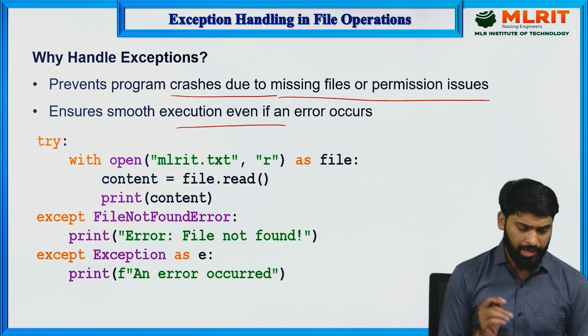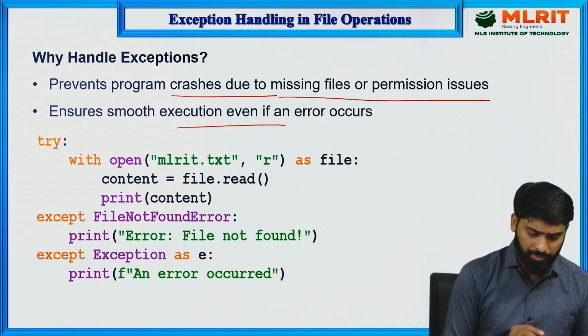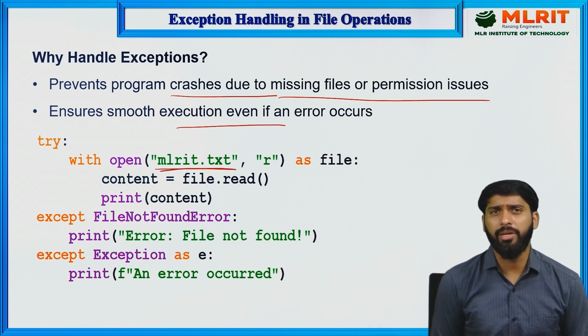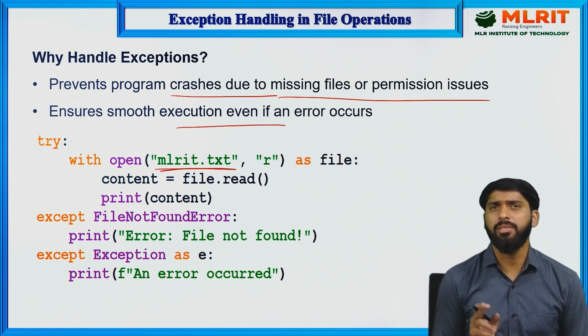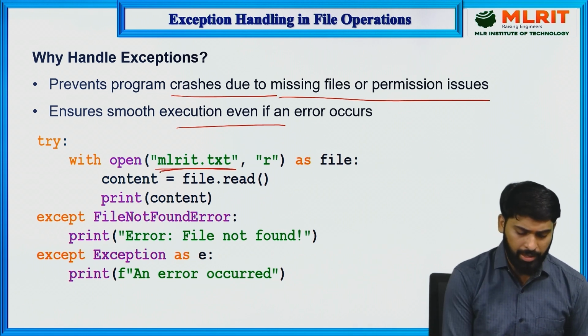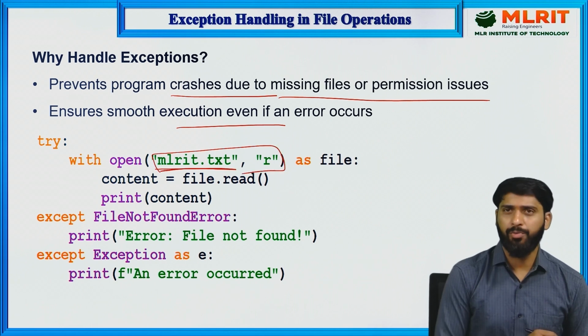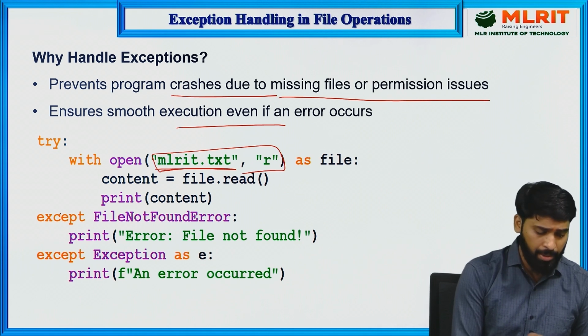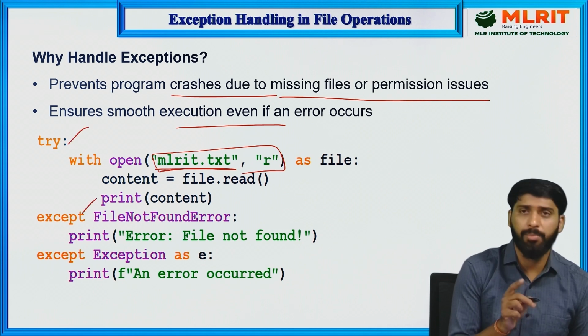Okay. Here the program is for trying to open the file mlrit.txt. Actually mlrit.txt is not available in the system. That means the file is not found. File not found, so one exception will arise, which we handle with the help of this try except block.